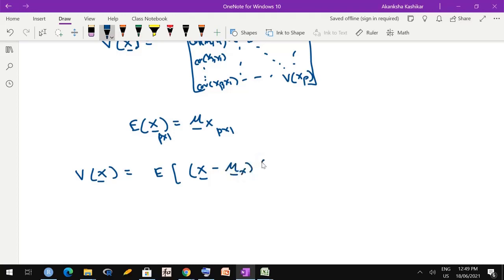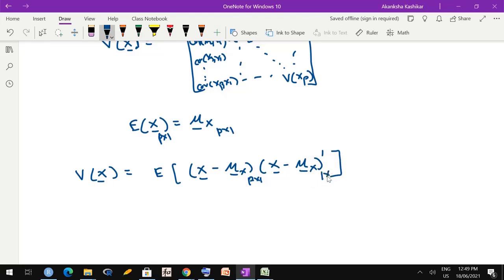And instead of taking square, I can't take square because order of this is p cross 1. So I can't multiply a vector by itself. A p cross 1 vector cannot be multiplied with another p cross 1 vector. So we have to do some adjustments. So what adjustment can I do? I can make transpose of the next thing.